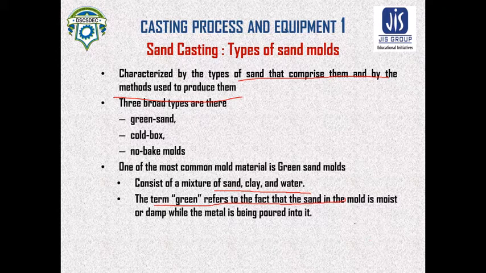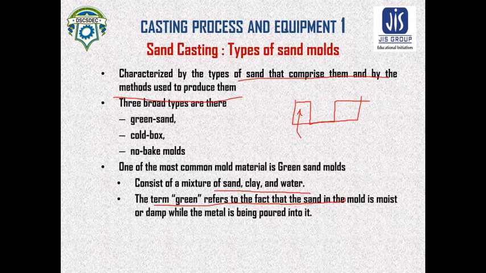That means when the molten metal is poured in the mold cavity, the molding sand should contain some moisture. So when the molding sand contains moisture, it is called green sand.